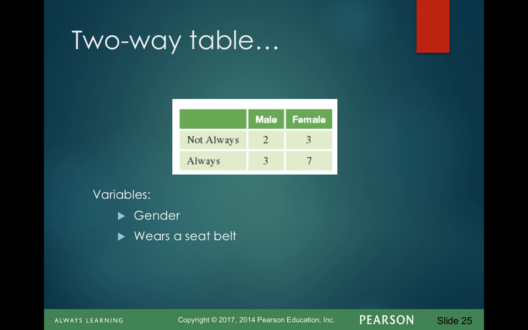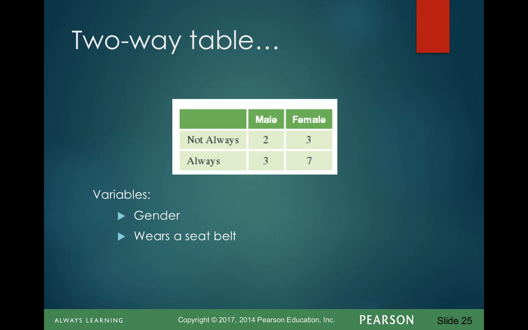Now, once I break it down like this, I can see that two males in my sample don't always wear their seatbelt, but three males always wear their seatbelt. For females, you can see that 3 don't always wear, but 7 always wear. So I can also get a very quick total. I can see that I have 5 males by adding the 2 plus 3.